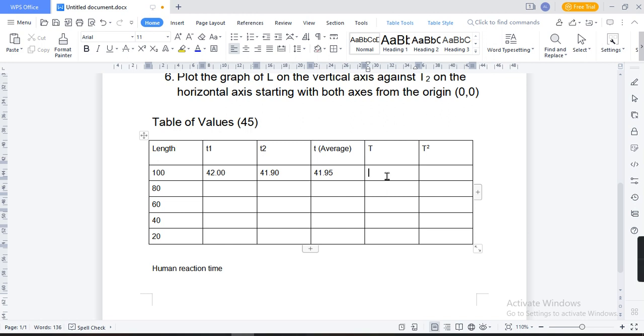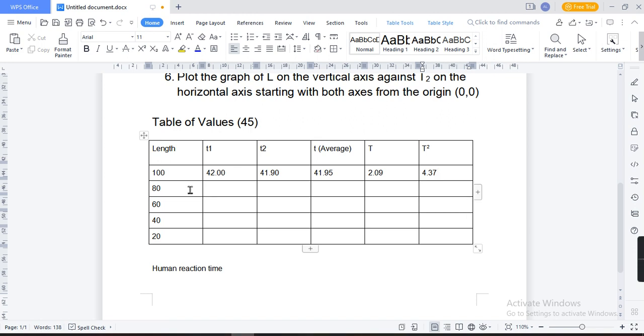I have 2.09. Then T squared: I have to square that value, 2.09 squared. I have 4.37.